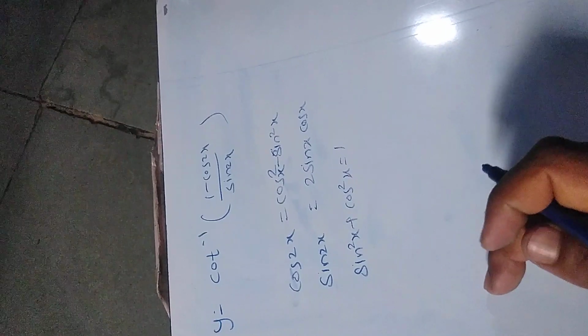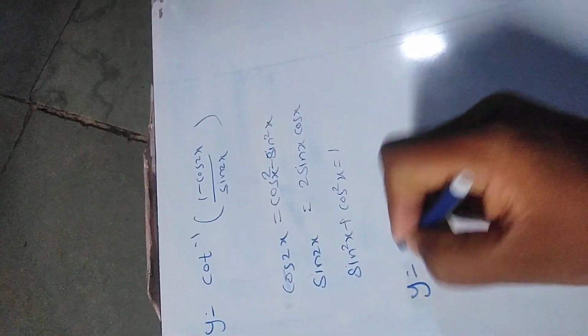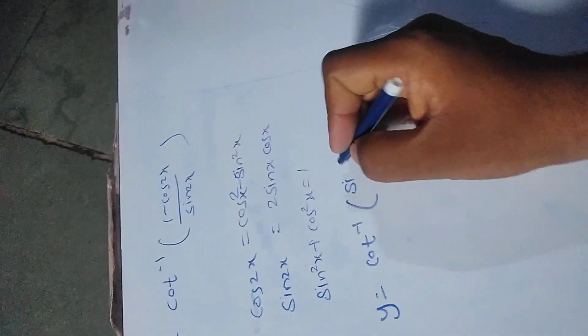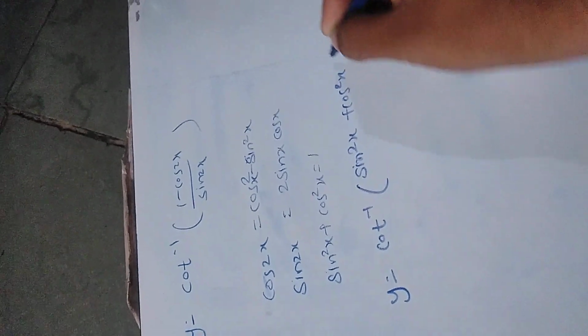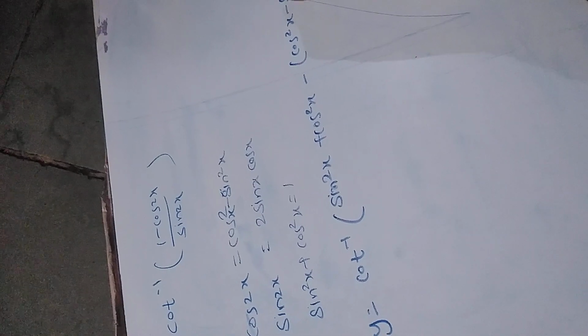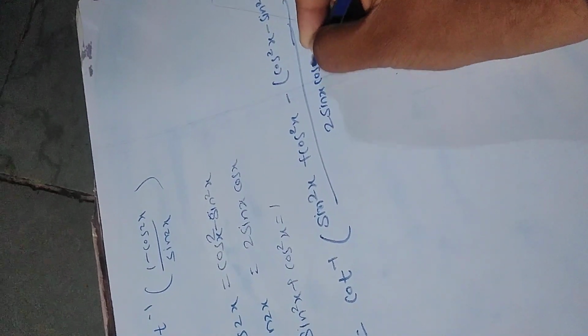So we will make use of these formulas in this example. So y is equal to cot inverse of, for 1 we will write sin square x plus cos square x, minus sin square x for cos 2x. In the denominator, for sin 2x it will be 2 sin x into cos x.